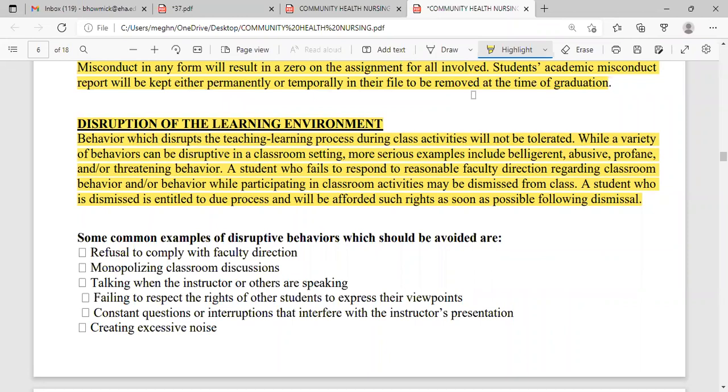A student who fails to respond to reasonable faculty directions regarding classroom behavior while participating in class activity may be dismissed from the class. A student who is dismissed will be afforded due process as soon as possible following the dismissal.